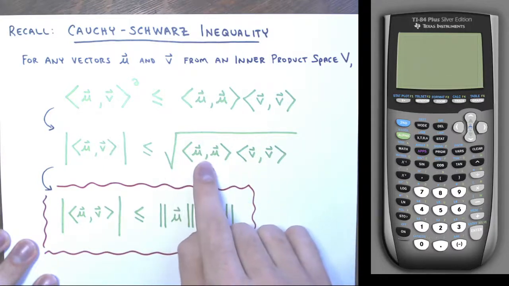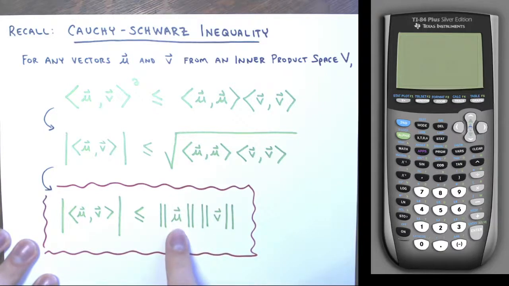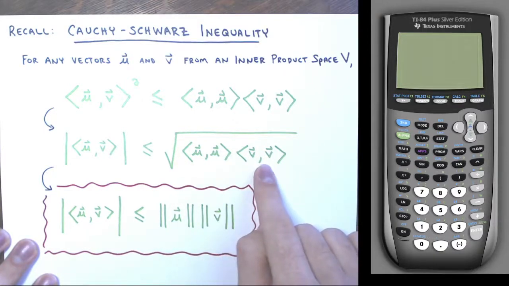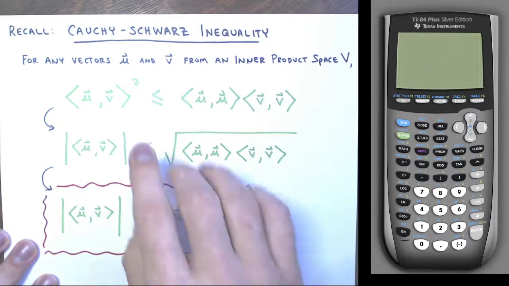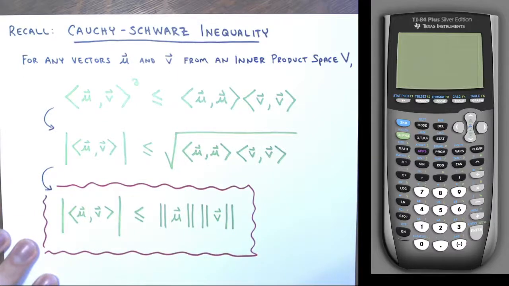The square root of the inner product of u with u is the norm of u, times the square root of the inner product of v with v, that's the norm of v. So an equivalent way of stating the Cauchy-Schwarz inequality is that for any pair of vectors in an inner product space, the absolute value of the inner product of those two vectors will be less than or equal to the norm of one vector multiplied by the norm of the other.